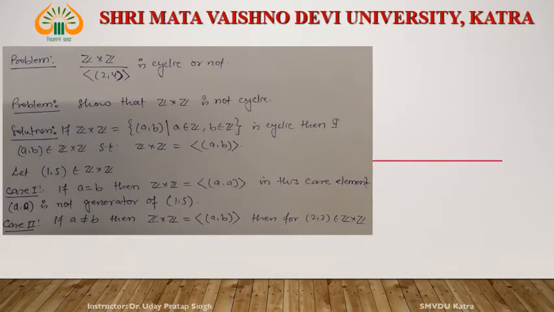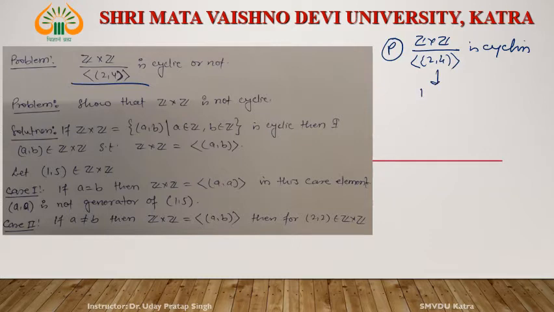Okay, now come to another example. See, Z cross Z by (2, 4) is cyclic or not, right? This problem is similar to the previous problem. It is homework for you.